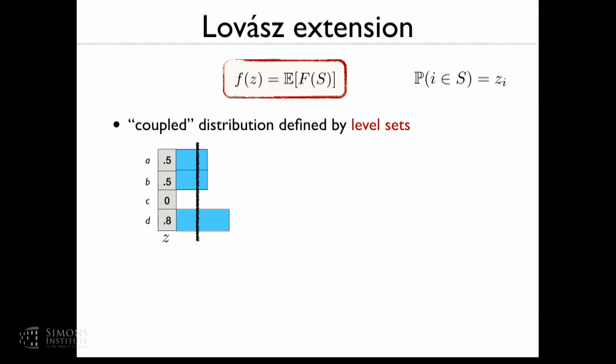So here I'm picking A, B, and D. You see, this correlates them a lot because I can always either pick them together or not pick them together. In this particular case, there's only 3 sets I can pick: nothing, D, A, B, D, and if the C was bigger than 0, I could pick that also.